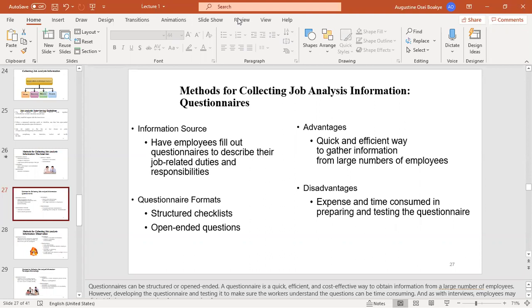So in that circumstance, we can say that it can be time consuming. And again, even if you print them and circulate it to your employees in your organization, it comes with a huge amount of cost in terms of the printing cost. All right, so that is about the questionnaire.